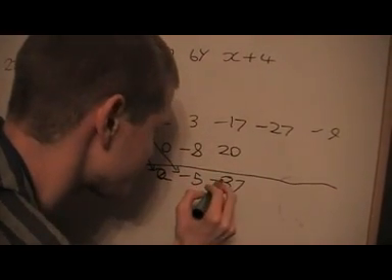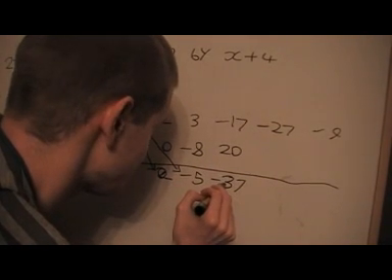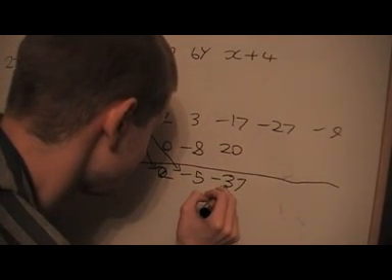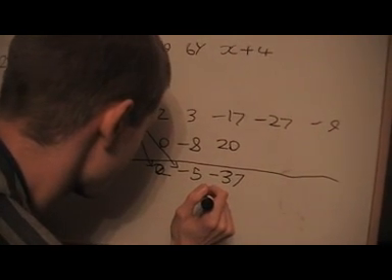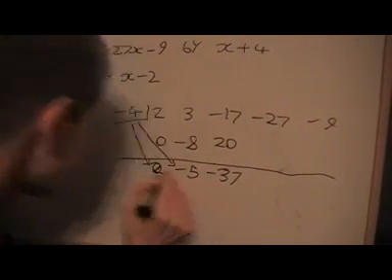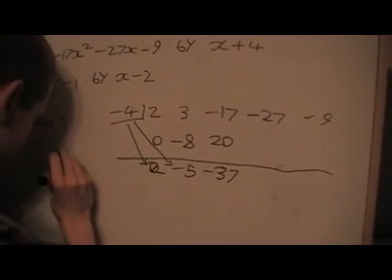So next, I want to times 4 by minus 37. That's a hard calculation, so what I'm going to do is I'm going to work this out.